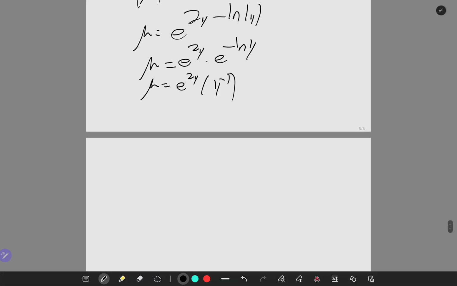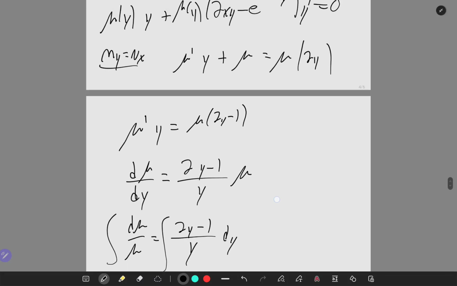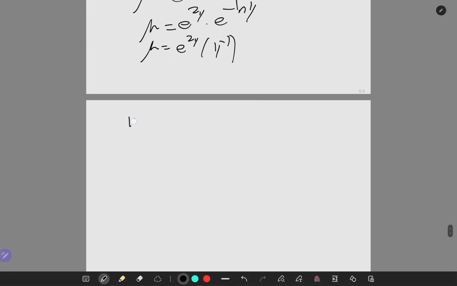Okay, so let's look back up here. Where's our original function? I have it written down over here. So we have e to the 2y times y to the negative 1 times y, plus e to the 2y y to the negative 1.